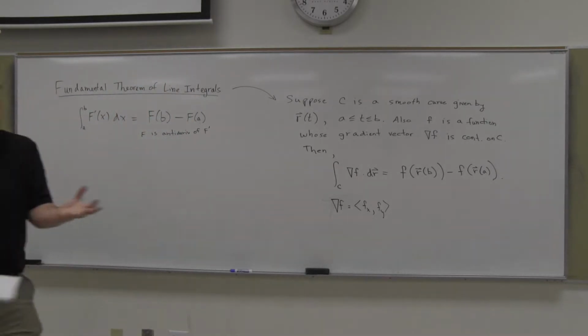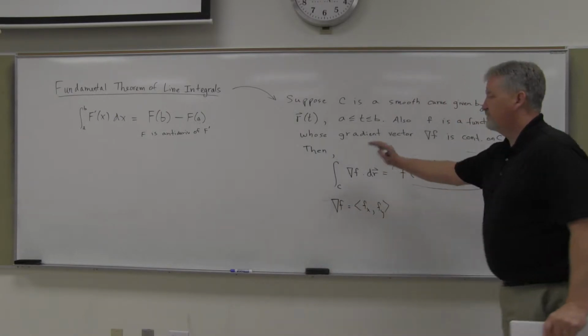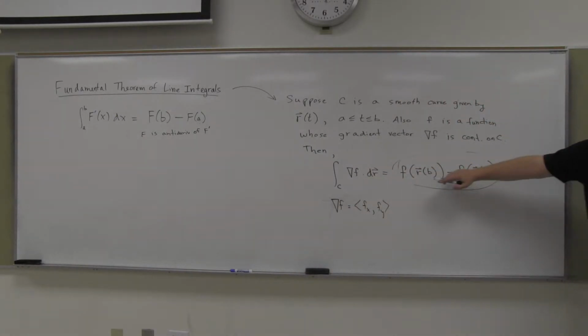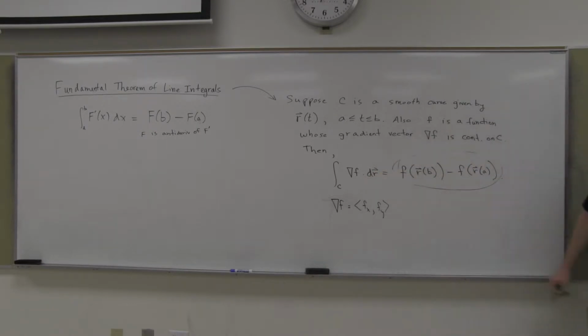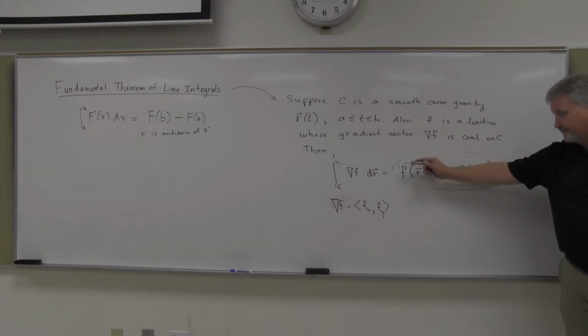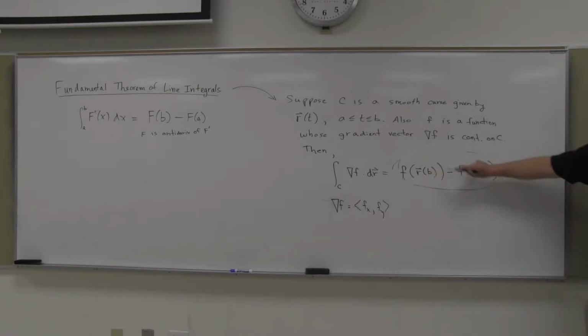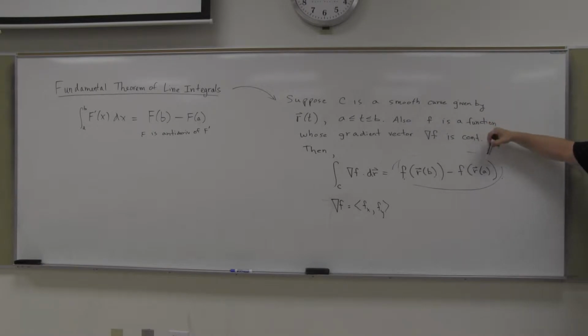What does it say right here? To do this line integral, this is what you're integrating, but if you can figure out the potential function f, another way to look at it, then all you have to do is evaluate it at R of b, and then evaluate f at R of a.